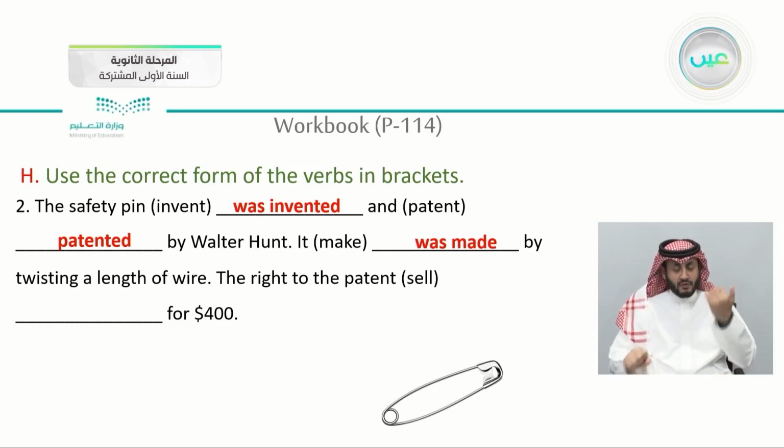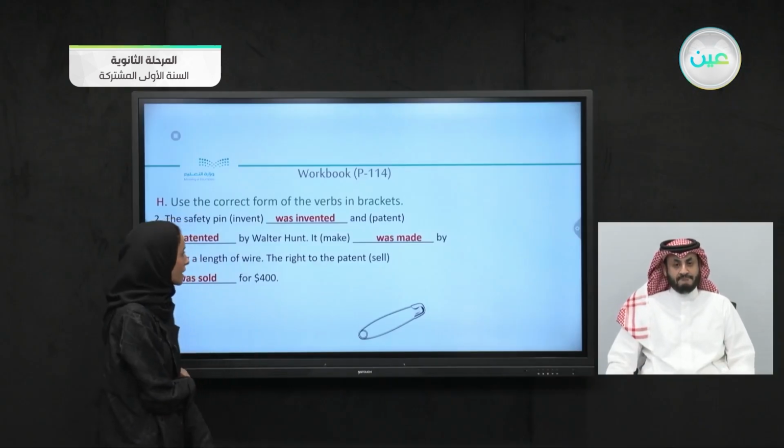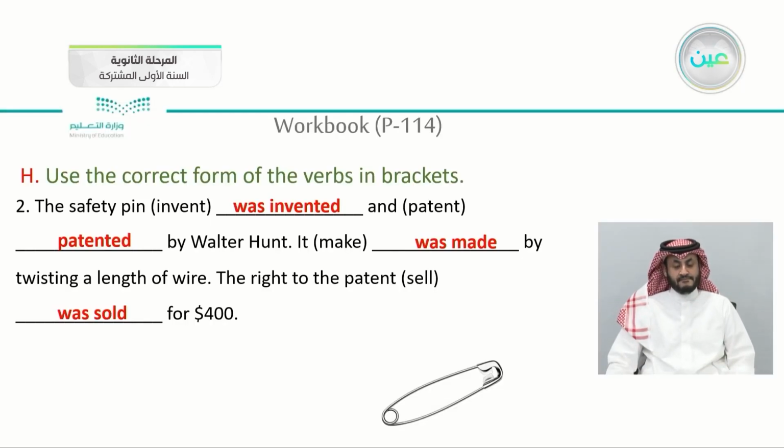So it, singular, it was made by twisting a length of wire. The right to the patent was sold for $400. It was sold for $400. All of them happened in the past, so it was sold is what patent, and also it was invented.